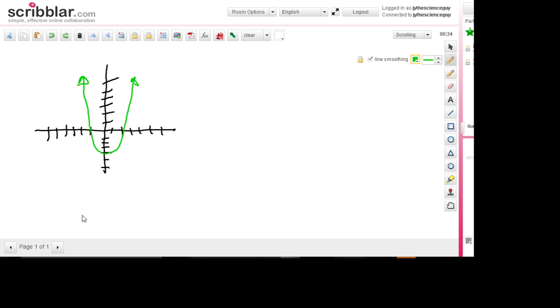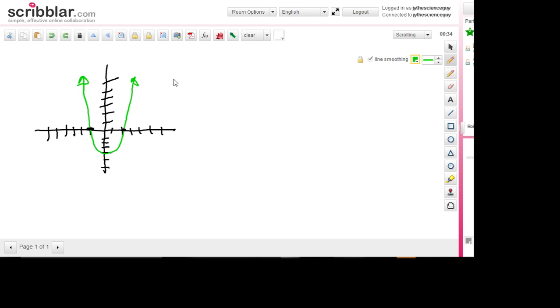Right here, and right here. And what would those values for x be? 2 and -1. That's correct. So those would be the zeros, at 2 and -1.